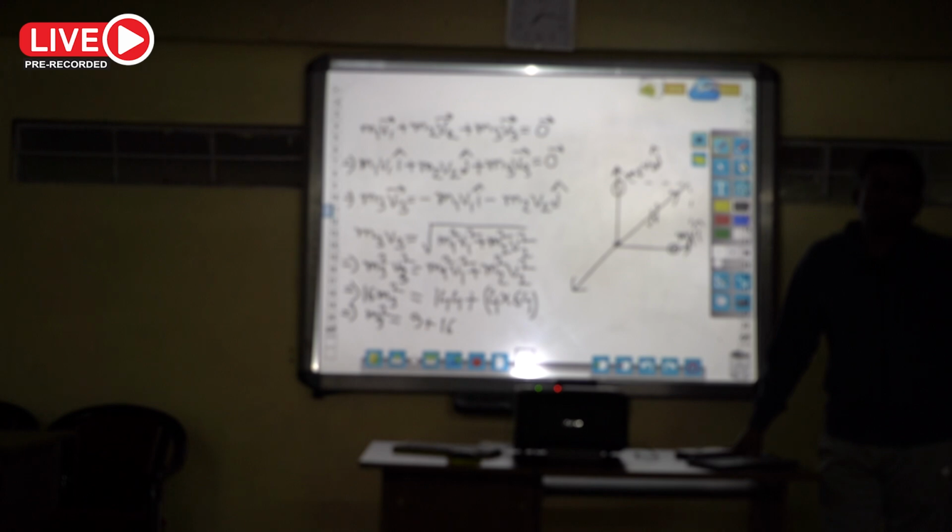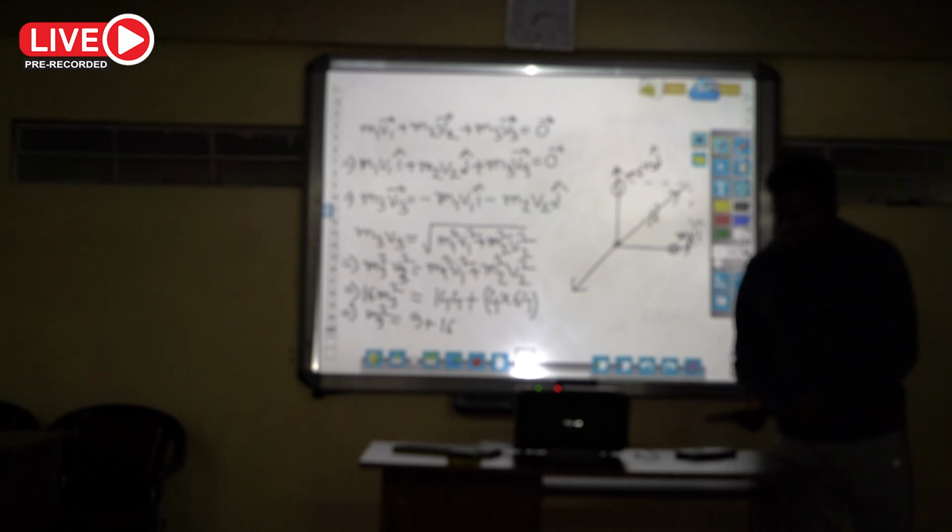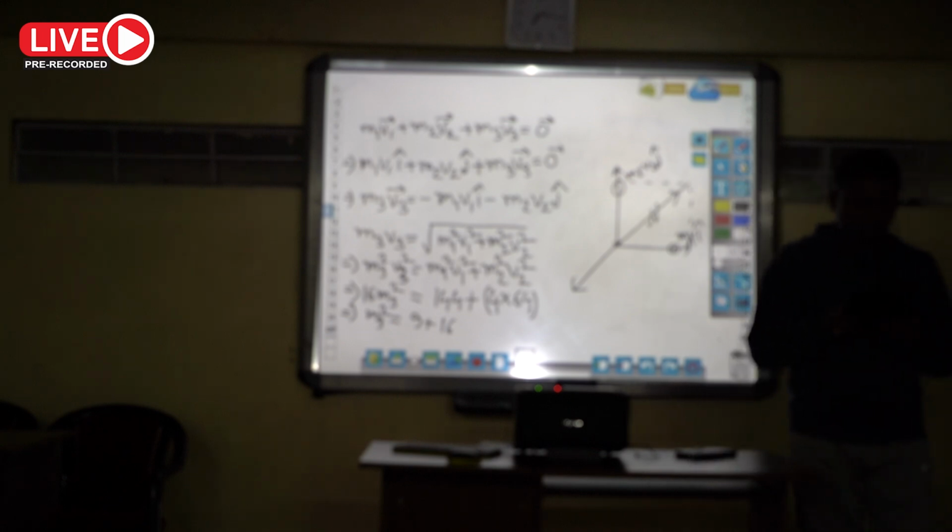The fraction of kinetic energy lost by the neutron is: option A 16 by 25, option B 9 by 25, option C 3 by 5, option D 2 by 5.